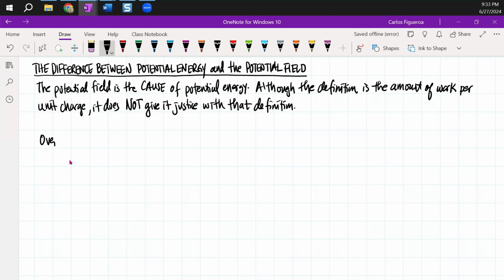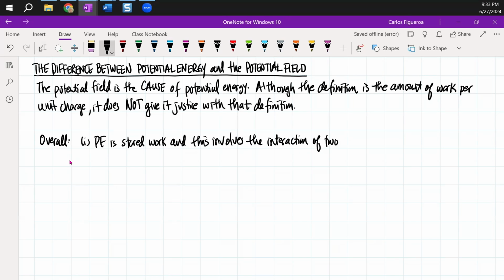So the overall idea is that potential energy is stored work, and this involves the interaction of two objects.